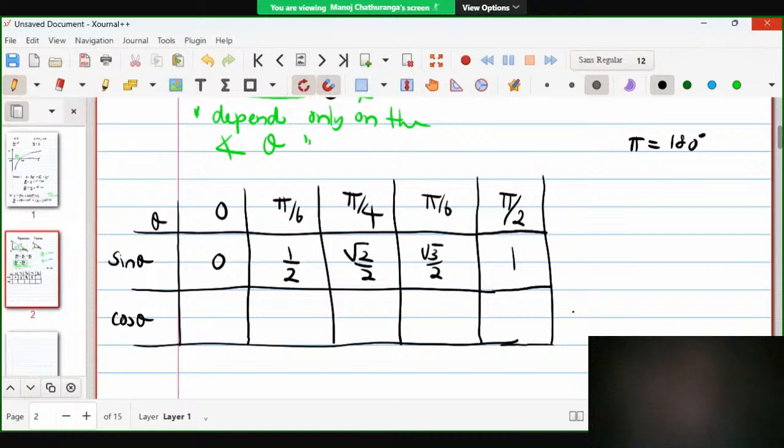For cosine, we start from the last entry of the sine values and move backward. So if you go forward along the sine row, that's the same as going from the last entry backward along the cosine row.